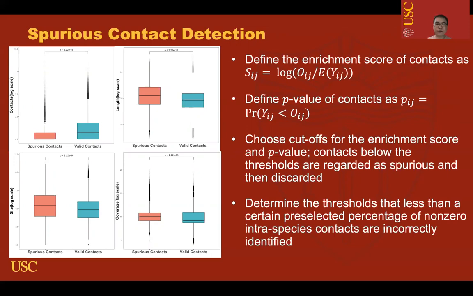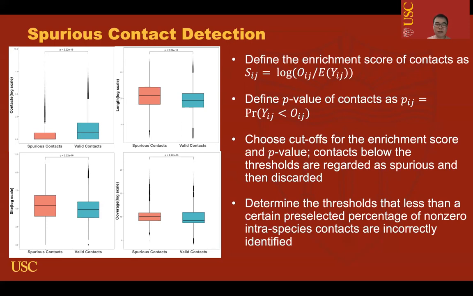The first figure tells us that compared with the raw valid contacts, the average value of raw spurious contacts was much smaller, while the rest of the three figures show that the average number of restriction sites, length, and coverage of contigs was significantly larger for spurious contacts.